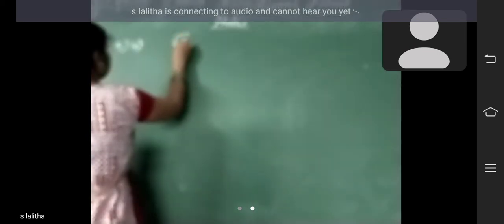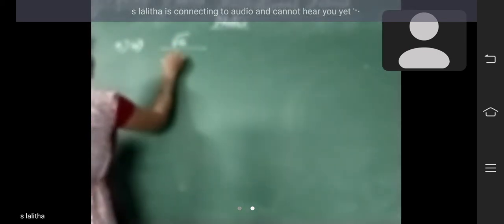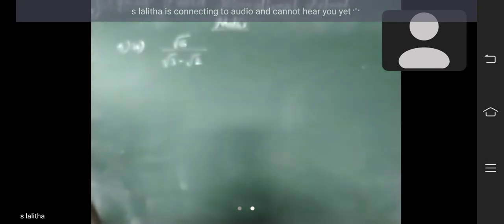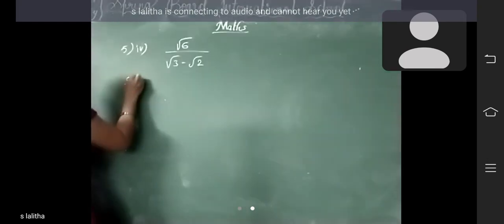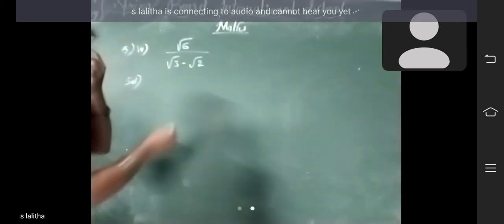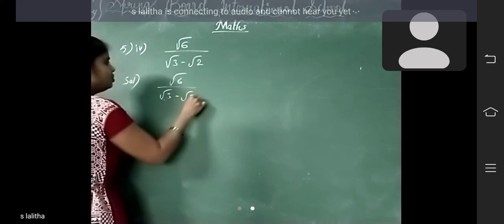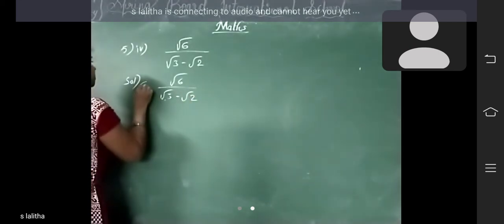Root 6 by root 3 minus root 2. Now rationalize the denominator here. Root 6 by root 3 minus root 2, it is given.